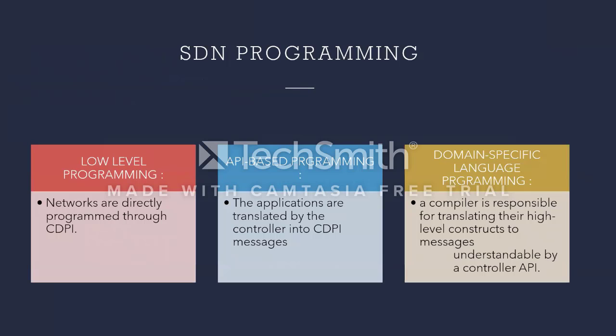When we talk about SDN programming, it is classified into three different levels: low-level programming, API-based programming, and domain-specific programming. In low-level programming, the networks are directly programmed through the CDPI.